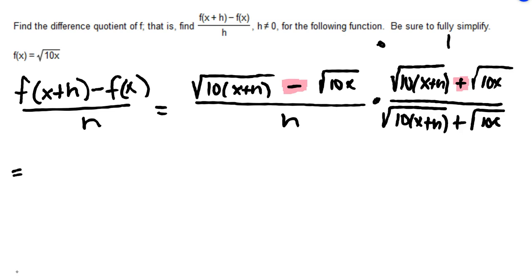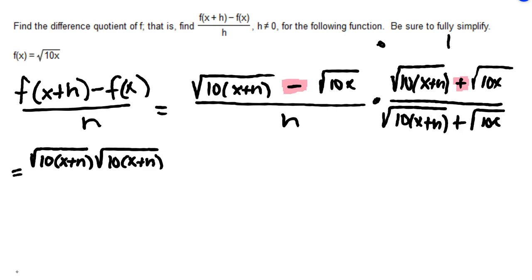So in the numerator, I'll need to multiply out those expressions. So I'm going to take it slow and do square root of 10 times (x plus h) times square root of 10 times (x plus h).